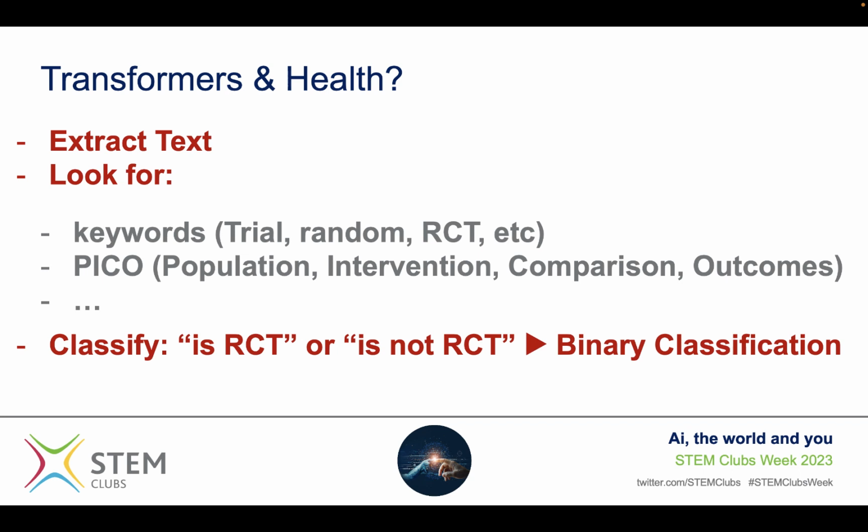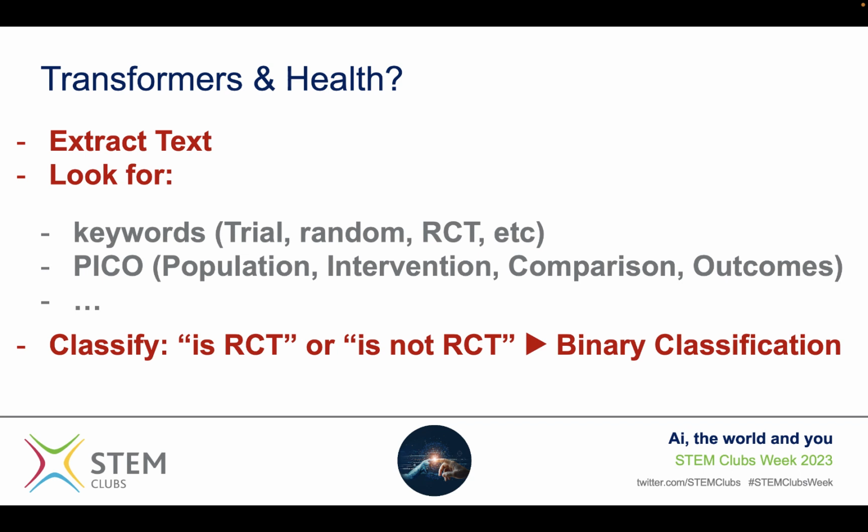So how can transformers help here? Well, if you think about a procedure, if you wanted to know what's the best treatment or whether a study is even an RCT or not, in this case, we saw this checkbox earlier, so we're classifying here for RCTs or not.